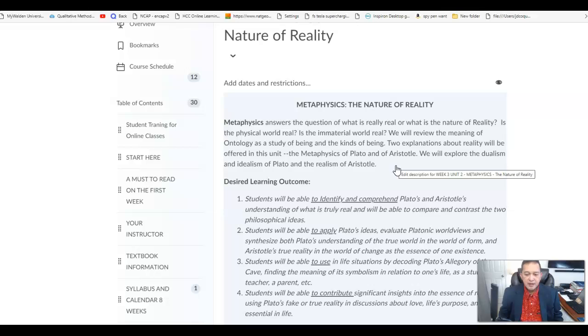We will look at Plato's understanding of reality and decode them, okay, especially the allegory of the cave, into what we learn here and now and what we expect.